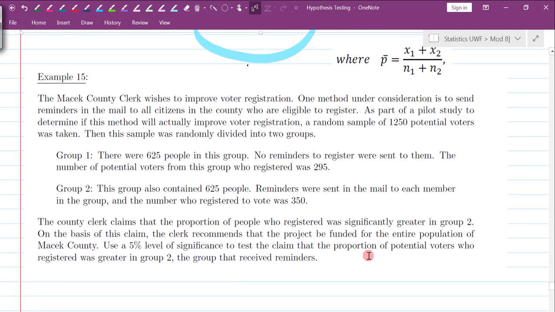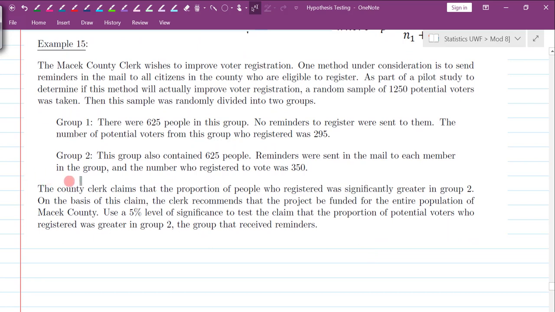The county clerk claims that the proportion of people who registered was significantly greater in group 2. On the basis of this claim, the clerk recommends that the project be funded for the entire population of the county. Use a 5% level of significance to test the claim that the proportion of potential voters who registered was greater in group 2, the group that received the reminders.